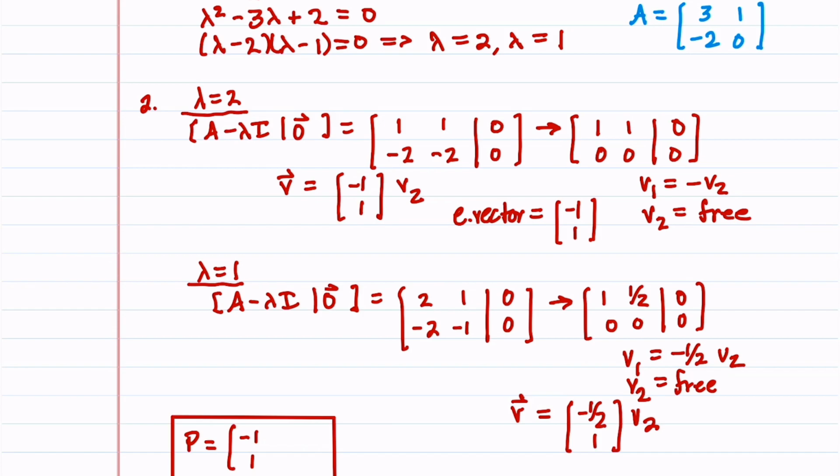I'm just going to choose it equal to 2, so our eigenvector is equal to, we're kind of running out of space, minus 1, 2. So let's take that and put that in here for P. So we have successfully diagonalized our matrix A because we found a diagonal matrix D and our corresponding matrix P.